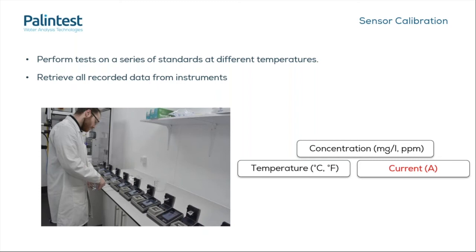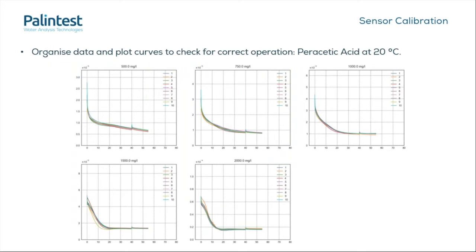So we retrieve the data from the instruments, and it looks something like this. This is an example from a real batch from one of the calibrations that we performed on peracetic acid sensors, just at 20 degrees. We take a range of concentrations across the range of the sensor, perform this at many temperatures, and gather lots of data to ensure that the sensors are accurate.